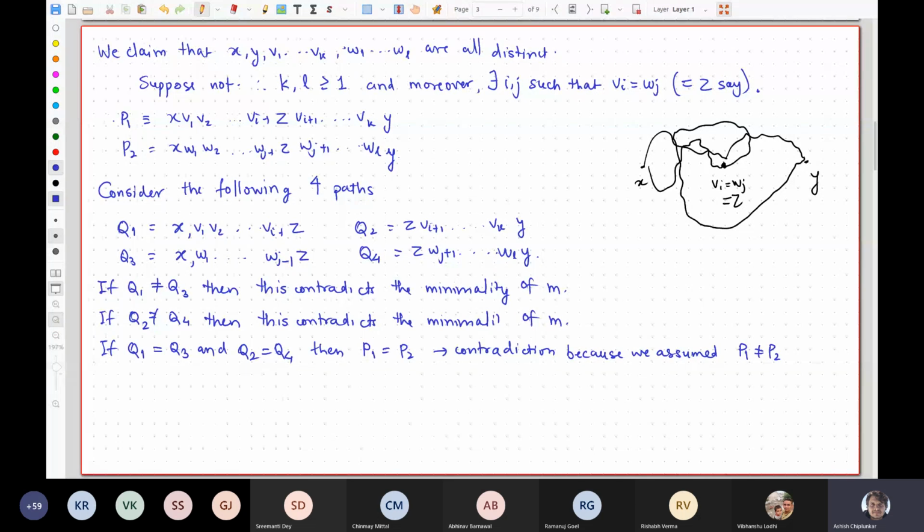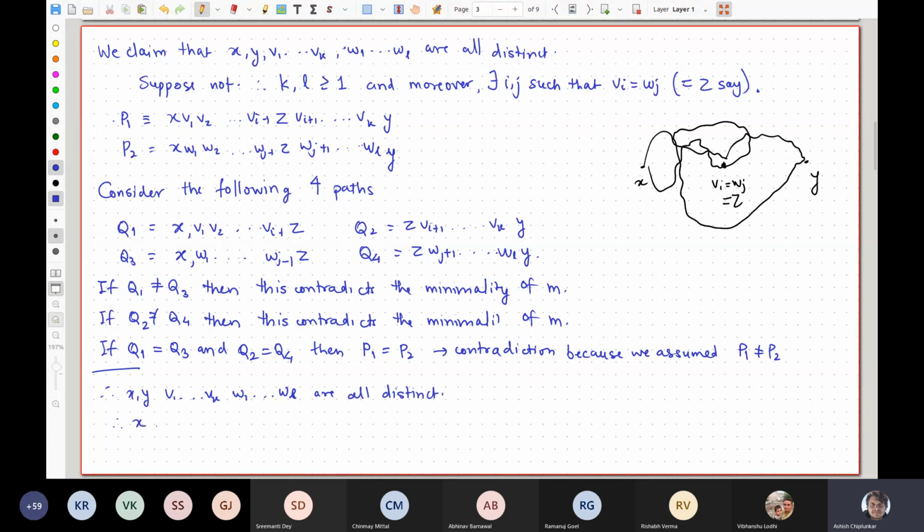Okay, so now therefore, this is a contradiction, right? So therefore, x, y, v1 through vk, w1 through wl are all distinct, right?